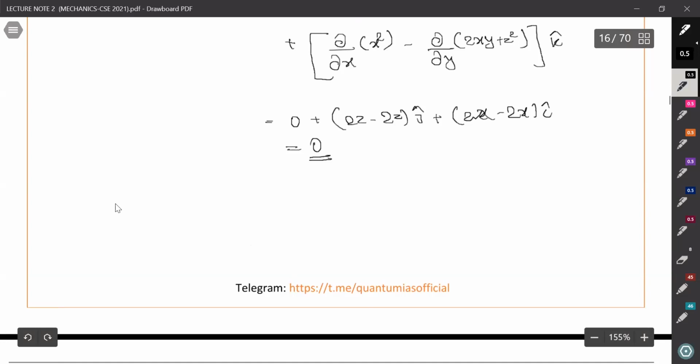Also, we need to find out the work done. So if we need to find the work done from point A to point B, we need to find F dot dr. And if we do that, we reach this point.